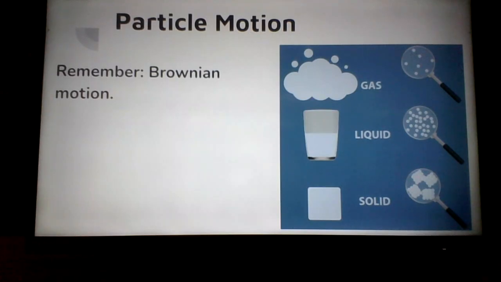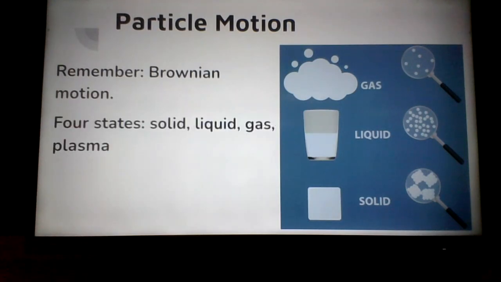They're always moving, although you can't really see that in the picture. But the placement, the arrangement, the amount of energy, and the speed at which the particles are moving are very much going to combine together to give us the phase of matter that any piece of matter is in. But Brownian motion again says all particles are constantly moving.